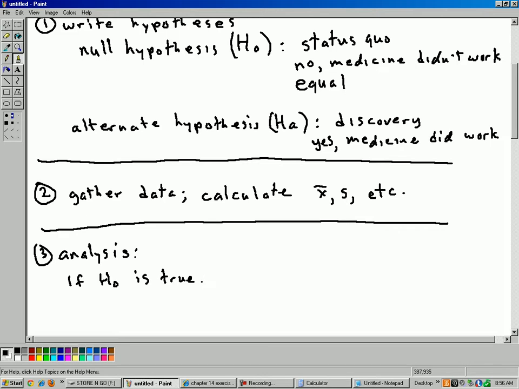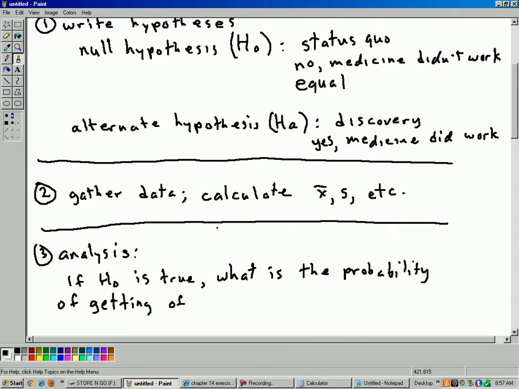If the null hypothesis is true, you ask the question, what is the probability of getting whatever we got in step 2? Getting a particular X bar or etc., whatever it is from the data that you're looking at.